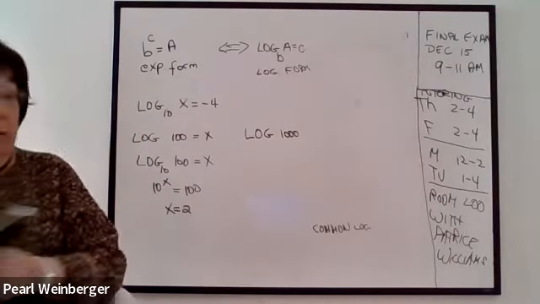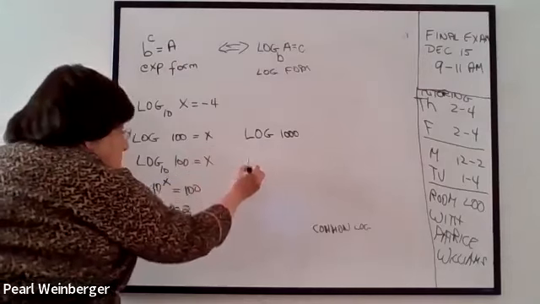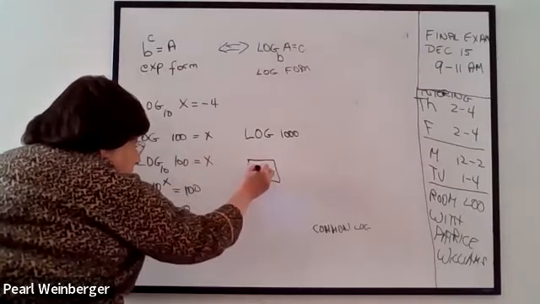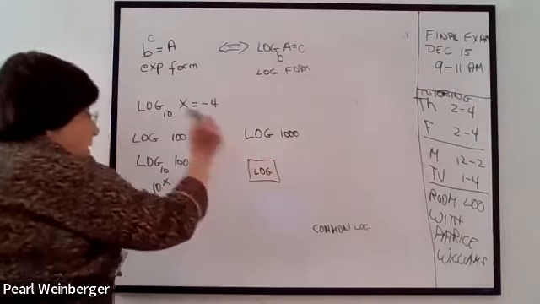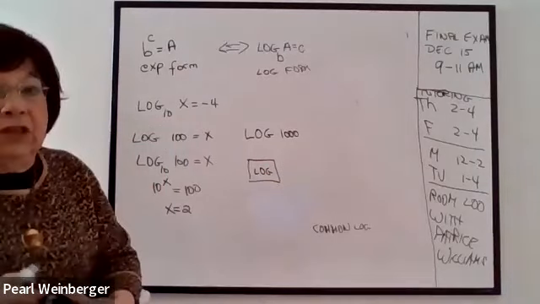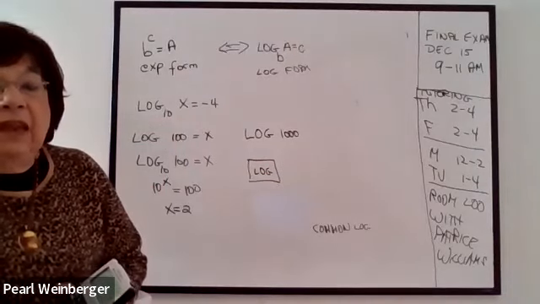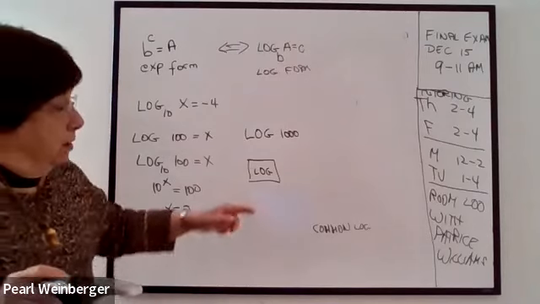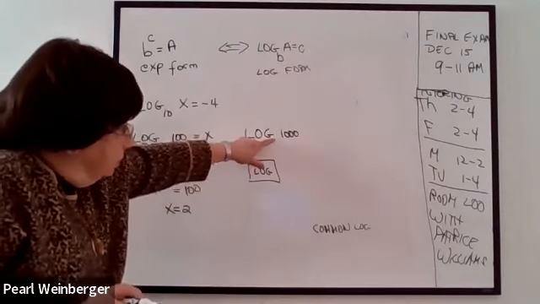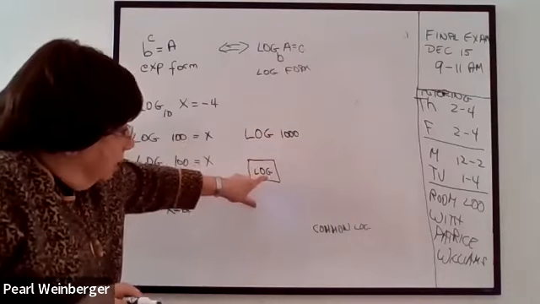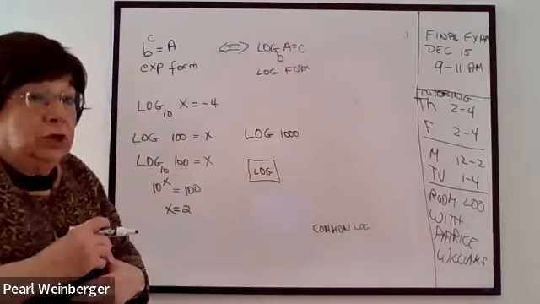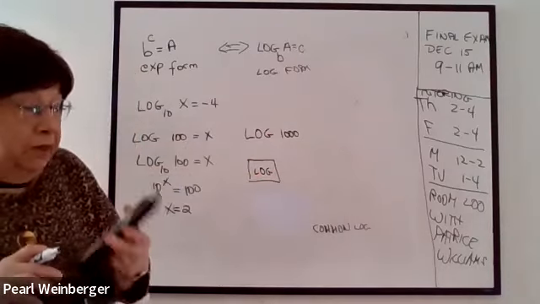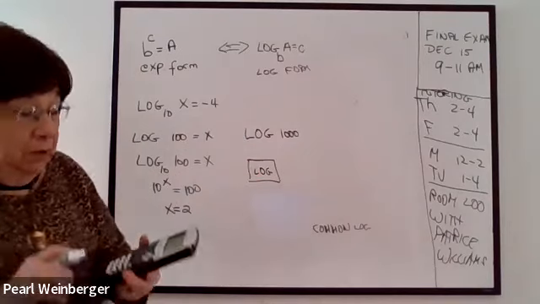On your calculator, remember I told you there's a log button? That button on the calculator is not just any old log. That is a common log. Anytime you have a question about a log where there's no base written in, that's a common log, and you can probably use your calculator to figure it out, because that button is a common log.